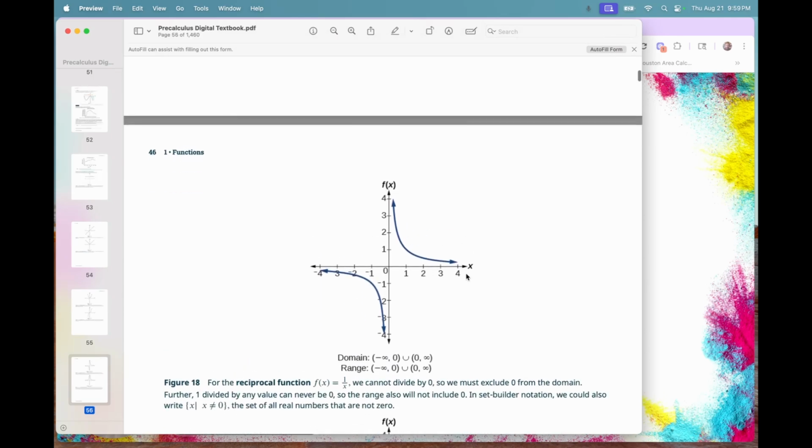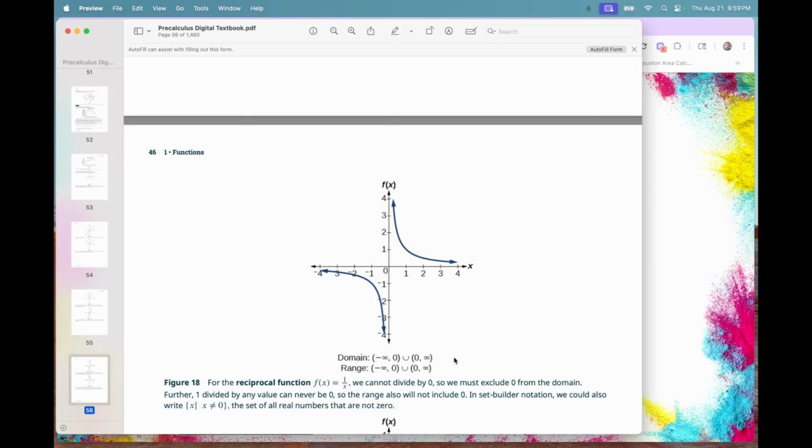I do like the reciprocal function. It has 2 parts and an asymptote at x is equal to 0, as well as y is equal to 0. You'll notice the domain, they're using this U symbol between these two.